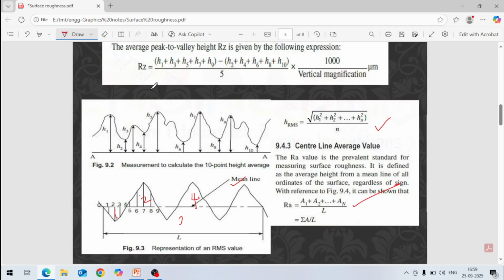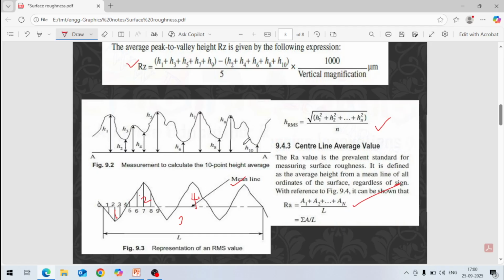And third is RZ. How do we calculate RZ? This is a line. From this line, these are the peaks and valleys. So we draw a line and we take the heights like this, H1, H2, H3. We take a total of 10 heights, 5 peaks and 5 valleys. H1 is a peak, H2 is a valley, then again peak, then valley.